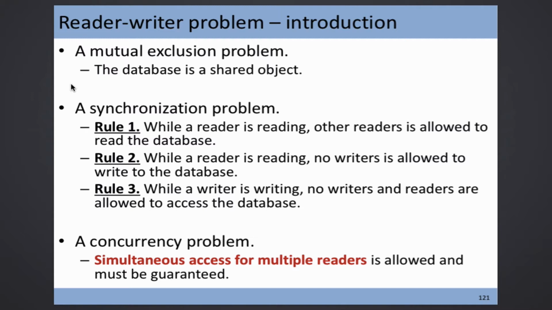If I am a writer already in the database, I will block my friend, who is also a writer, and I will also block my enemies, the readers. How about if I'm a writer, but I find that there is a reader already reading? Then I'm blocked out and cannot go on. So I say this is very restrictive.